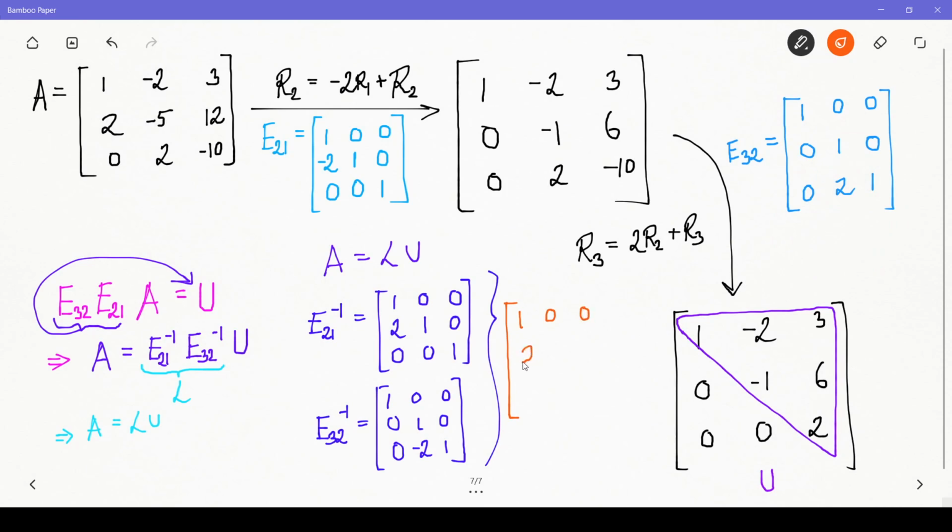I have 2 over here, so we just put the respective entries: 2 1 0. So multiplying the elimination matrices is also pretty simple. You just put the respective values at their respective places and you're good to go. Since I have minus 2 over here, I'm going to put minus 2 over here and 1. So what this is giving me is the L matrix, right?